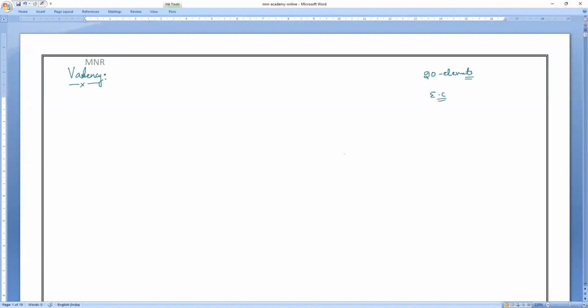Easy. If you have noticed, while I was teaching the electronic configuration and these 20 elements, from hydrogen to calcium, the number of shells in every atom does not remain constant. Is it right, everybody?